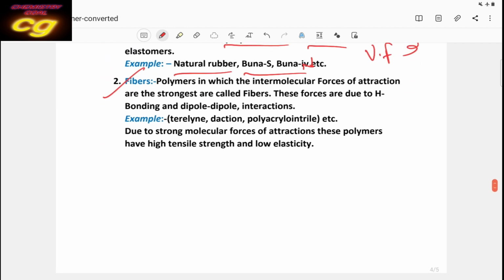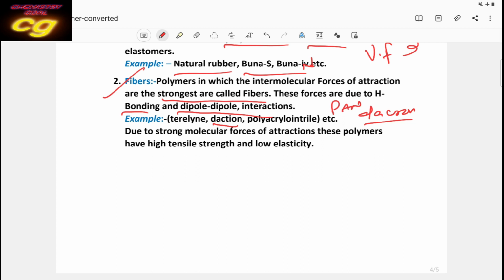In fiber, the intermolecular force is very strong. Generally, compared to elastomers, the intermolecular force is stronger, and the force may be hydrogen bonding or dipole-dipole interaction. Either dipolar force or hydrogen bonding force is involved between the polymer chains. So these are called fiber. Examples: terylene, dacron, and polyacrylonitrile, PAN.